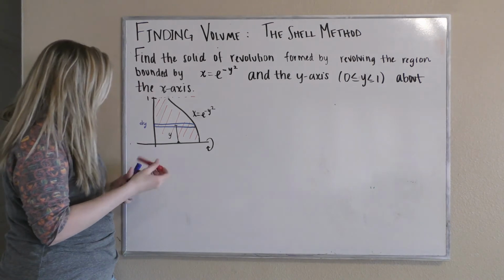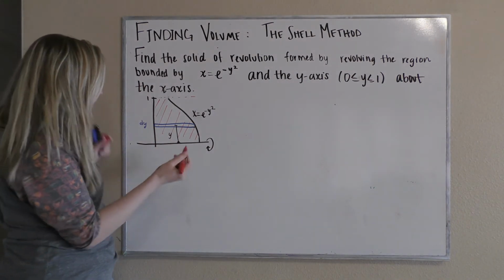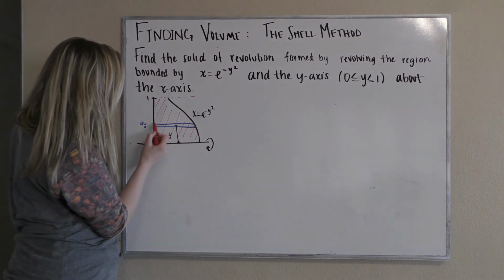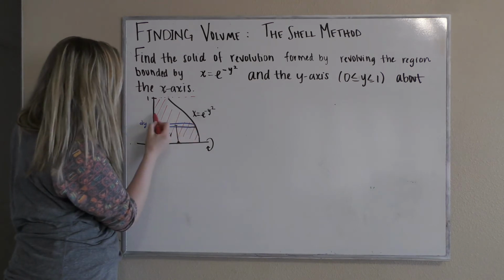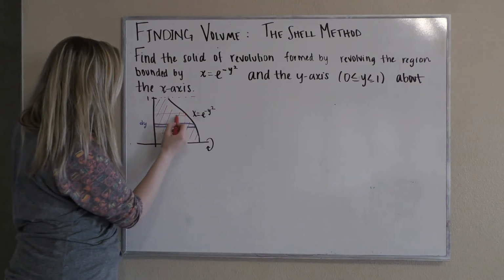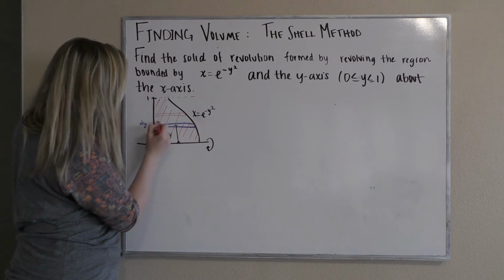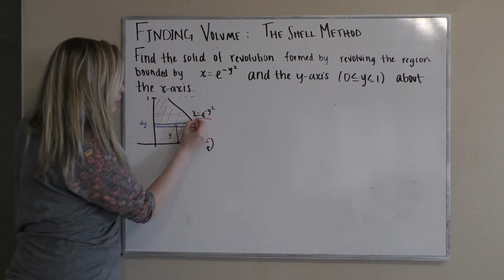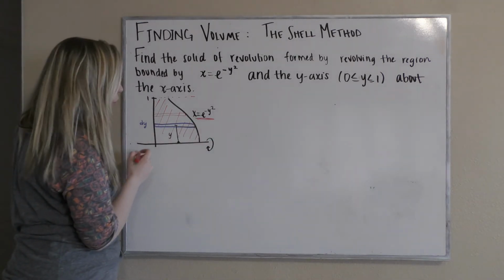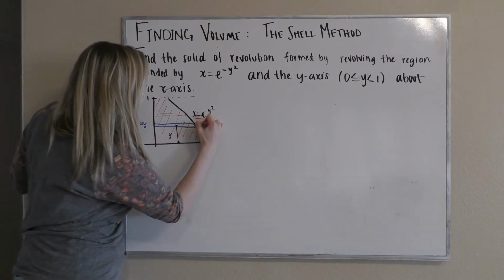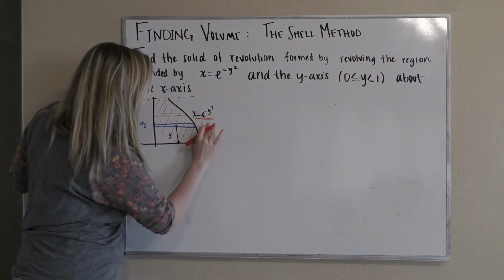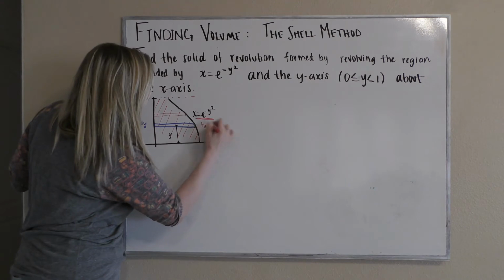And then the last piece of this would be the height, and the height of this is going to be from here to here. If we were to cut a rectangle here to here, no matter what, the top of that rectangle is always falling on this curve. So our height, our h of x, or h of y, because we're doing dy, is this equation here.